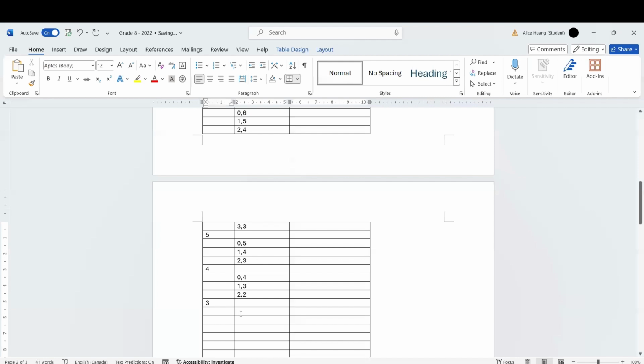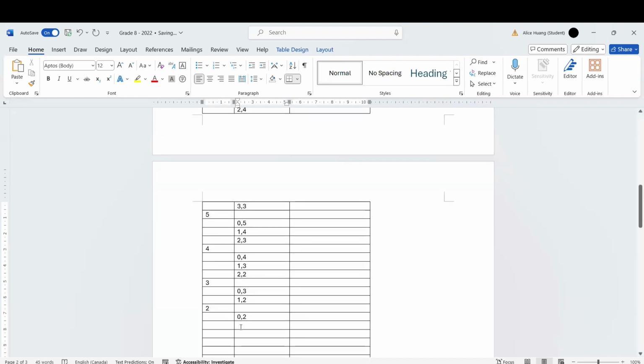Then for the sum of 3, we have 0 and 3, 1 and 2, no more. If we say the first one is 2, and the second digit will be 1, which is against our setting here. Now let's move on to the sum of 2, we have 0 and 2, and we have 1 and 1.